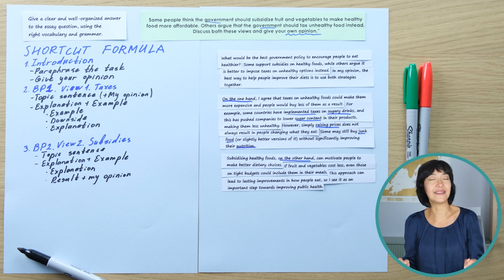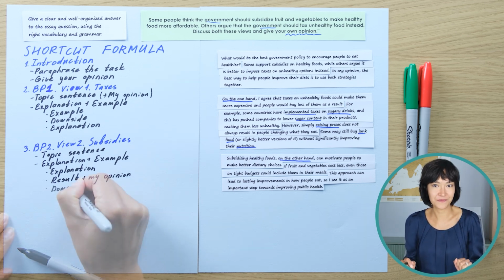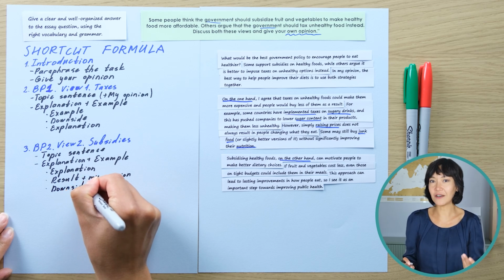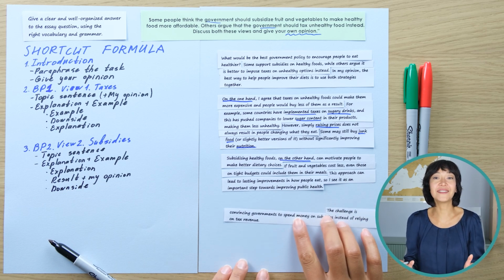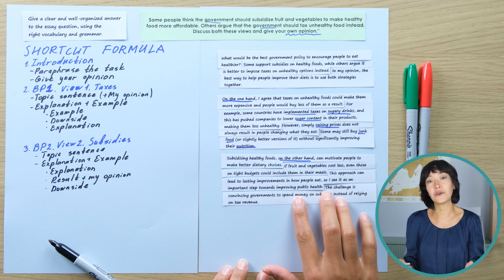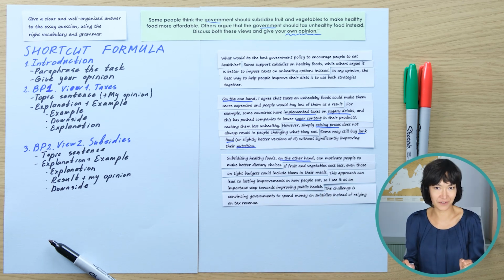So I see it as an important step towards improving public health. Just like in the first paragraph, we're discussing what's good. Now, what's the downside? The challenge is convincing governments to spend money on subsidies instead of relying on tax revenue.